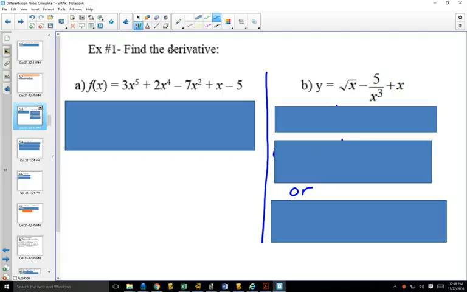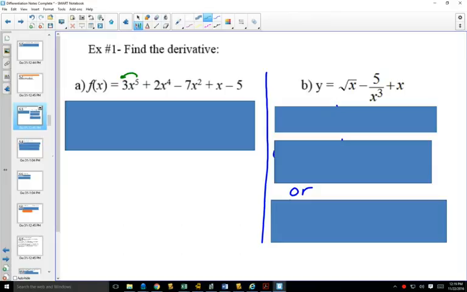What's the derivative of 3x to the 5? Well, the 5 would come out in front. You get 3 times 5, which is 15, x to the 4. What's the derivative of 2x to the 4? 4 would come out in front, making 8, and you would get 8x cubed. Remember the pattern where the exponent comes out in front, multiplies that number, and you subtract 1 from the exponent?